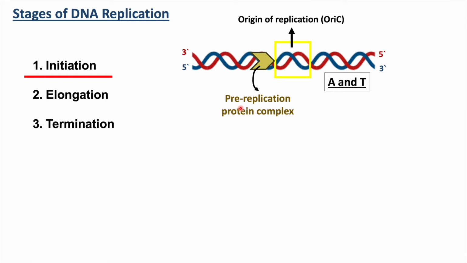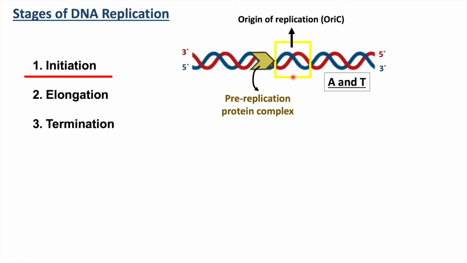But you need to remember that the pre-replication protein complex comes and binds to this site of origin of replication, and what it does is hydrolyze ATP to melt the hydrogen bonds between adenine and thymine to initiate the separation of these two strands.